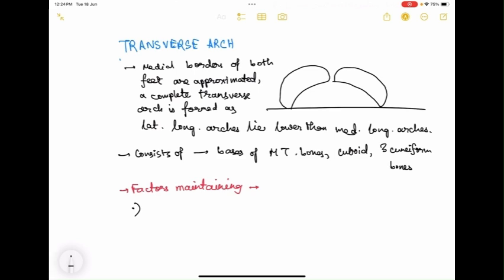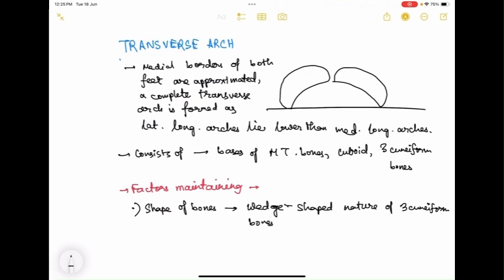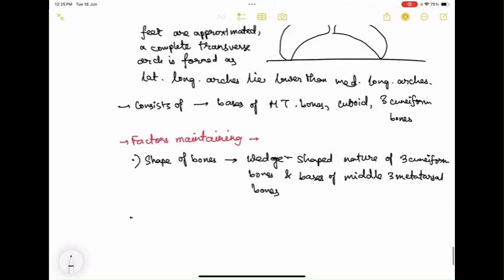Shape of bones, as we write one point after another: wedge shaped nature of 3 cuneiform bones and bases of middle 3 metatarsal bones. Yes, wonderful. Intersegmental ties.